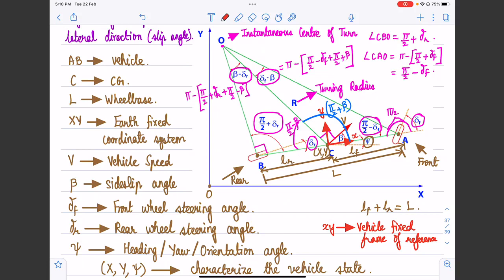But if you look at most vehicles, the rear wheels are non-steerable, right? So what may happen is that there may be some deformation in the rear wheel assembly corresponding to the cornering motion. And there may be changes in the alignment of the rear wheels with respect to the vehicle body and also the axle.